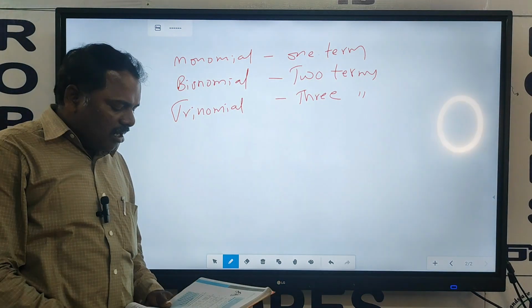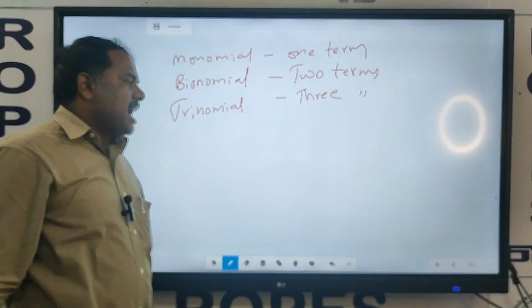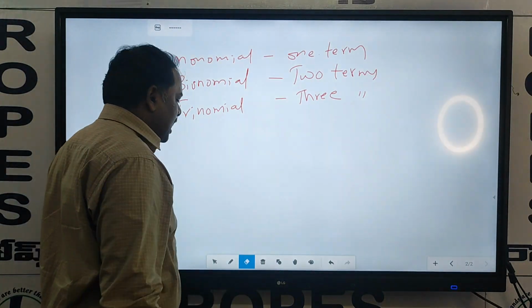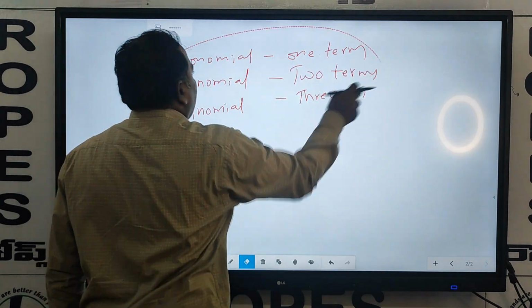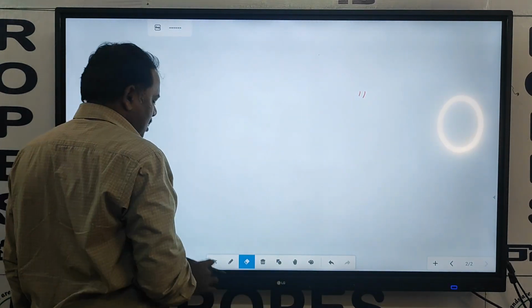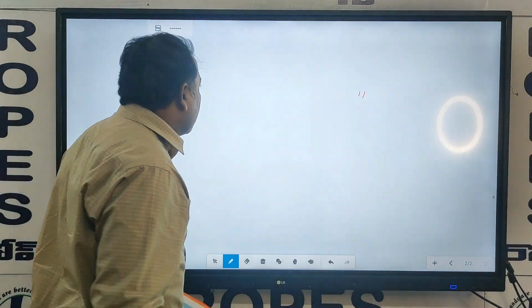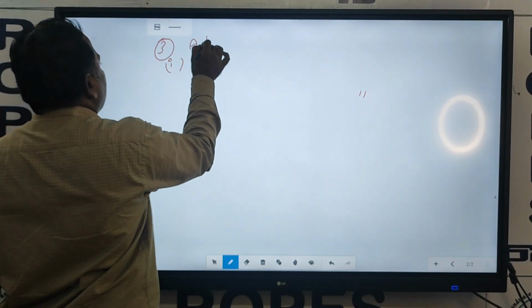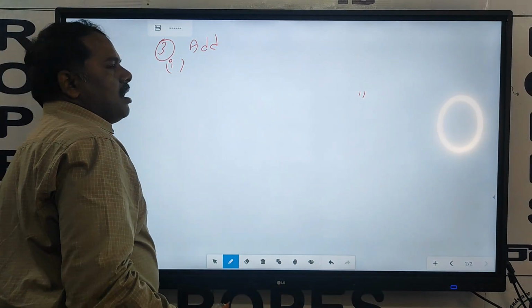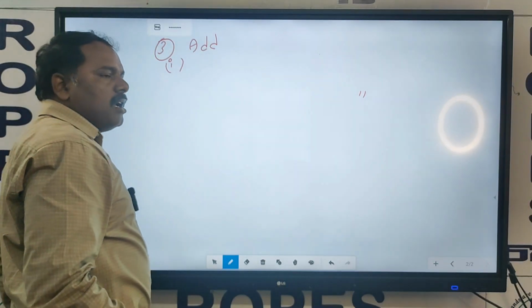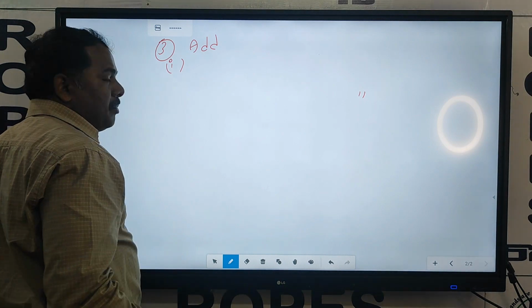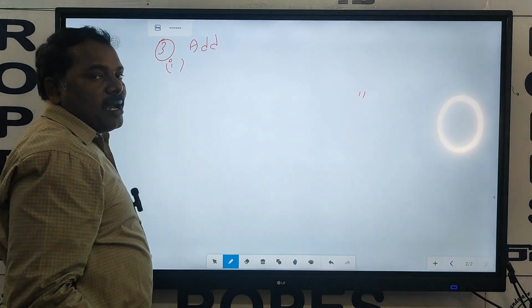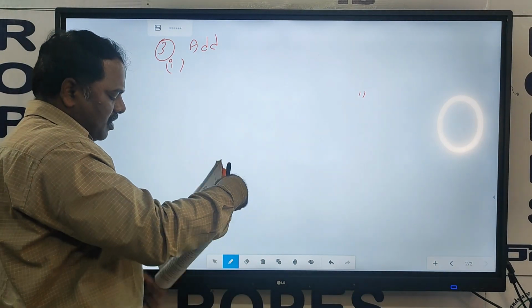Okay, another one. And the third question is adding and subtracting. See, add the following algebraic terms. In third one, adding. So how to add the monomials, binomials and trinomials? That's we will see. Here first one I will do.